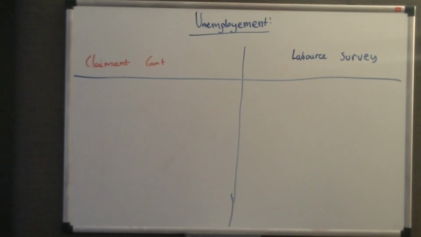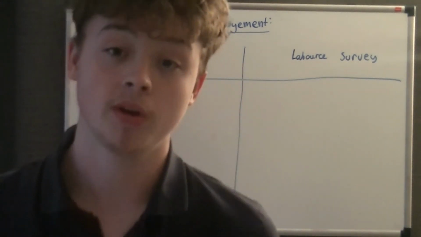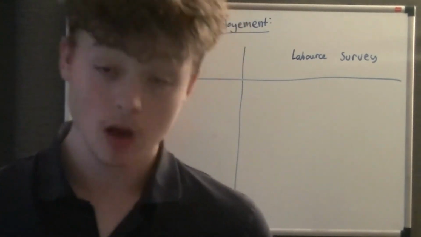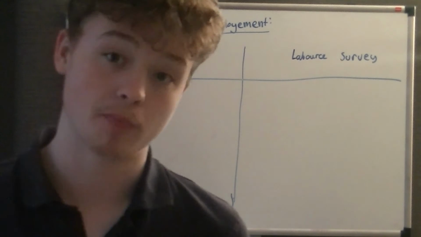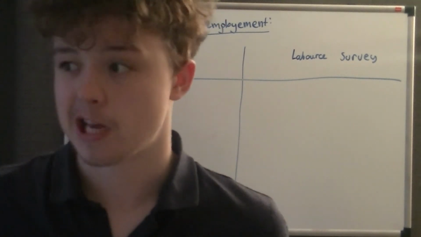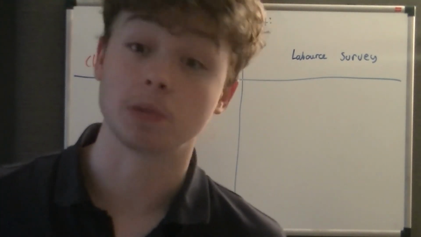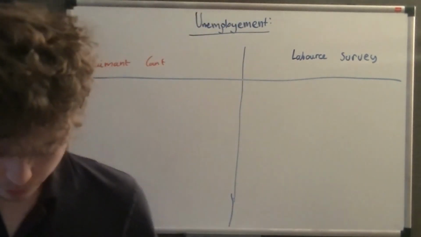So the labour force survey is a nationally representative sample of 60,000 households, with basically anyone aged 16 or above. So basically it's all the people that are generally unemployed that could work. However, the claimant count is all the people that can claim state benefits from Jobseeker's Allowance, for example.